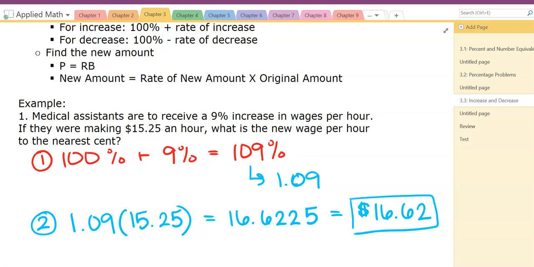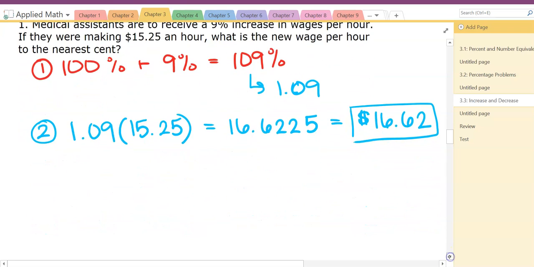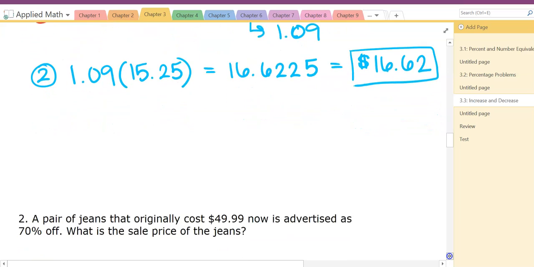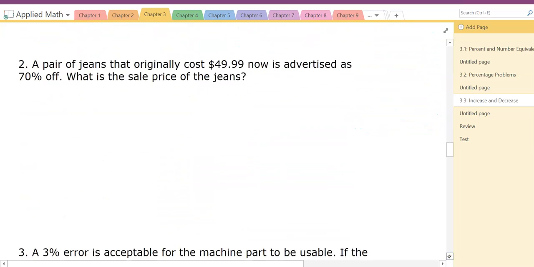Okay, so number 2, a pair of jeans that originally cost $49.99 is now advertised as 70% off.